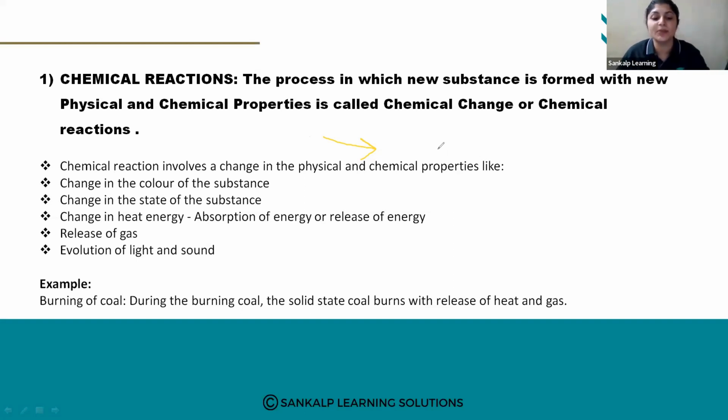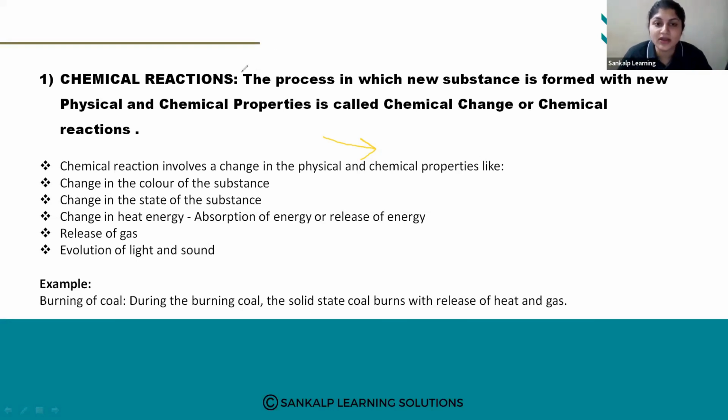The chemical equation should be balanced so that the number of atoms of each type involved in a chemical reaction is the same on both the reactant and the product sides of the equation. So always the equations must be balanced.